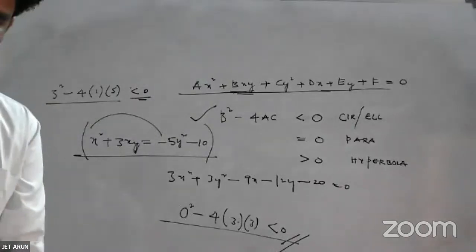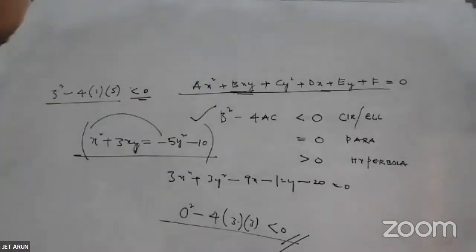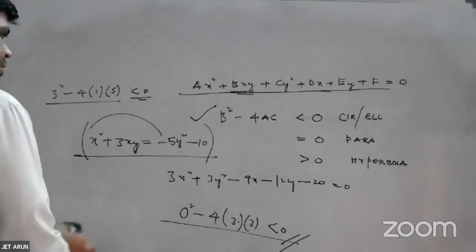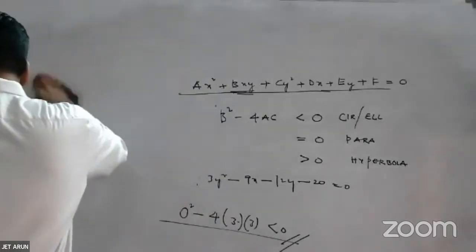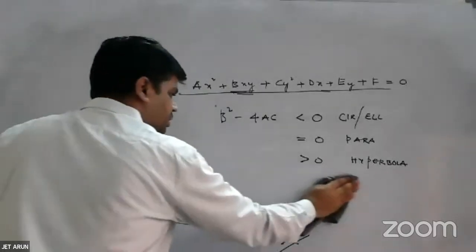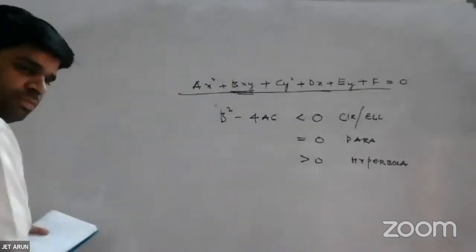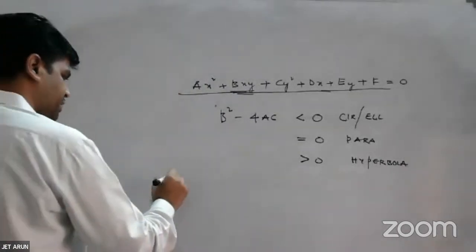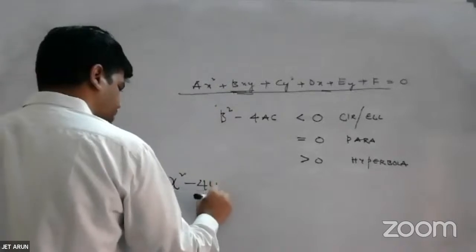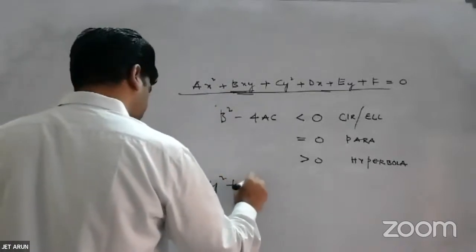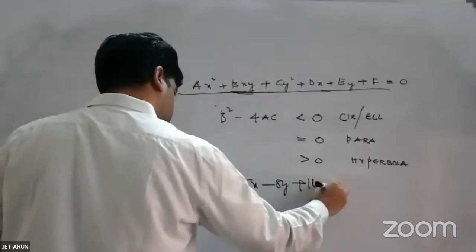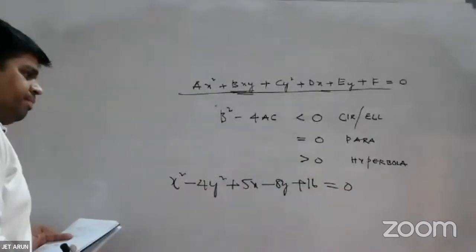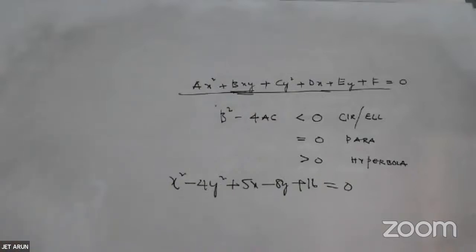Shall I give you one more? Yes, sir. It is x square minus 4y square plus 5x minus 8y plus 16 equal to 0. What is the value of A? 1.